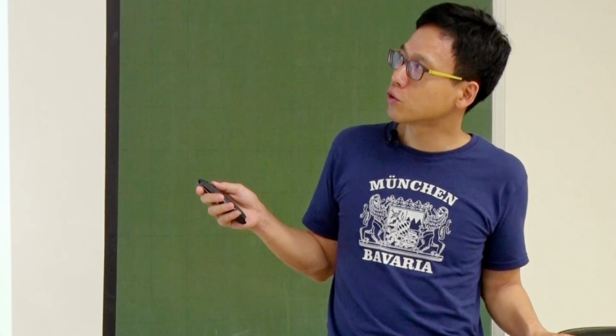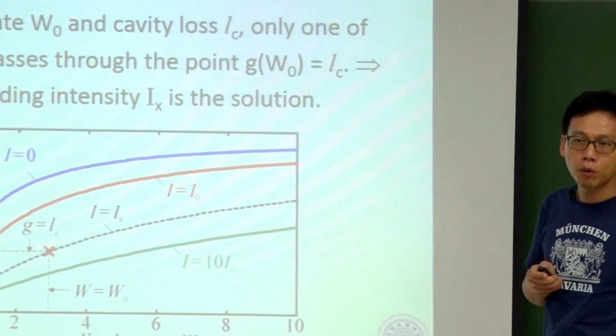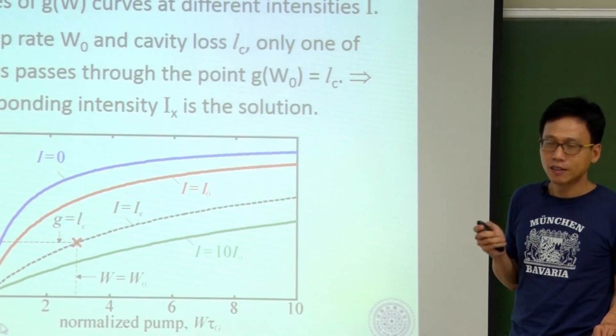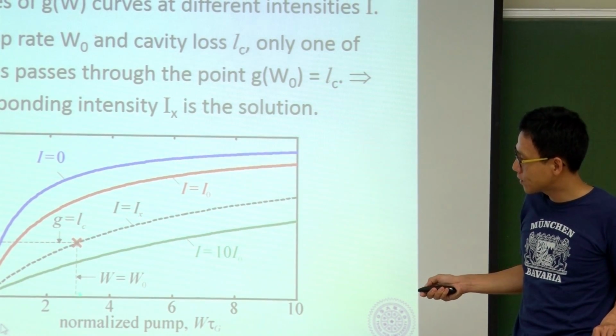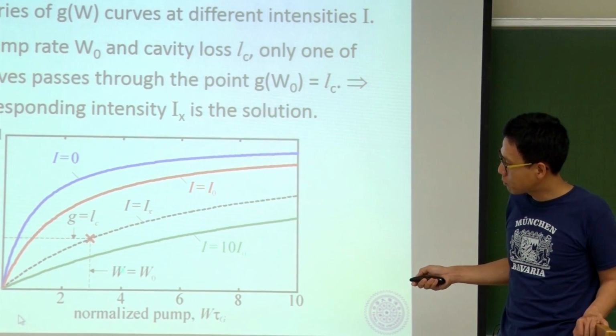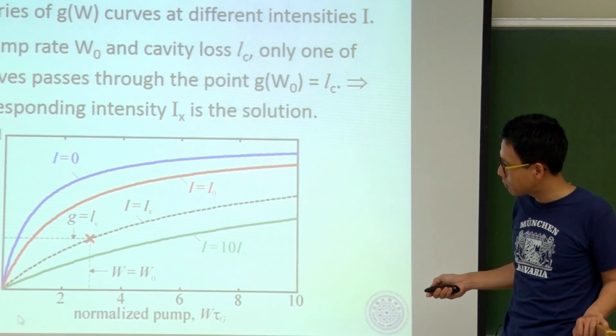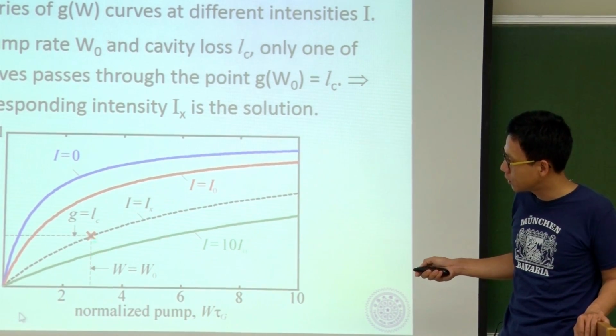If you know these two key numbers, you can locate a single point on this plot. The horizontal axis is determined by the given pump rate. If you know the pump rate is W0, you can know the corresponding normalized pump rate, say here.